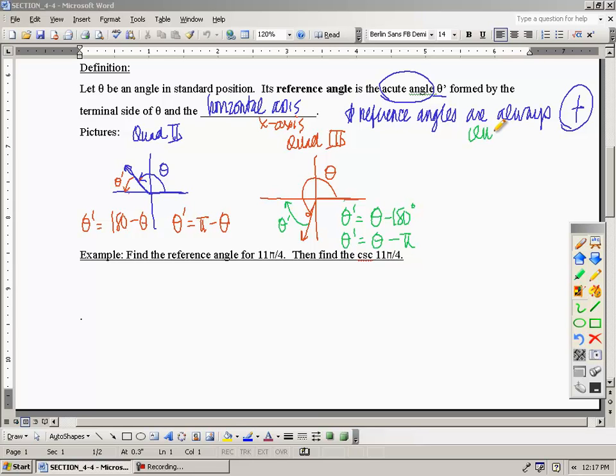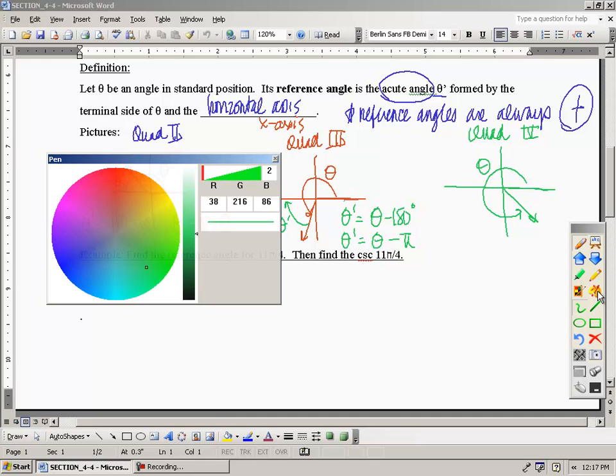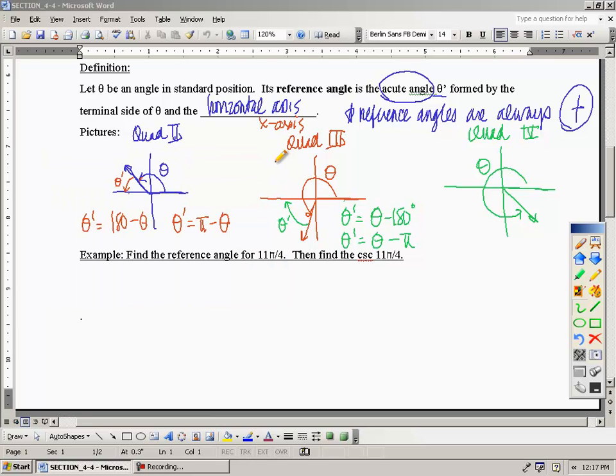The last one I want to look at is quadrant 4. So if I look at this, I'm going to pick this angle right here. Here's my angle theta. And is it quicker to go back to the x-axis, the negative x-axis, or forward to the positive x-axis? And again, it's quicker to go positive. So this is theta prime.